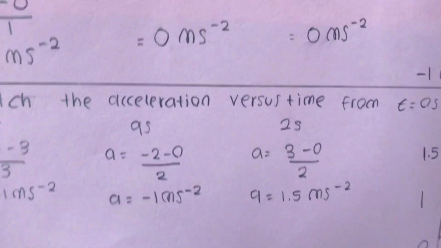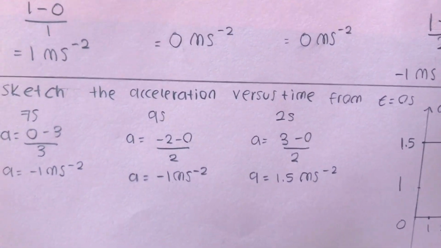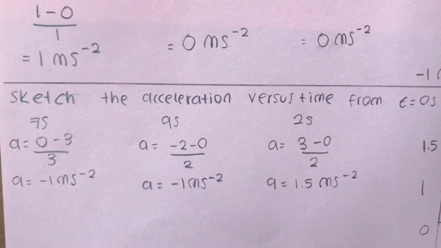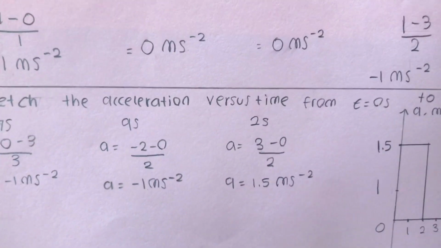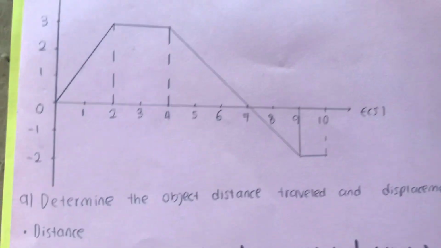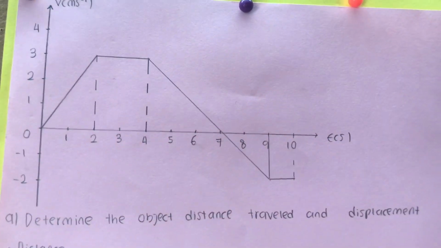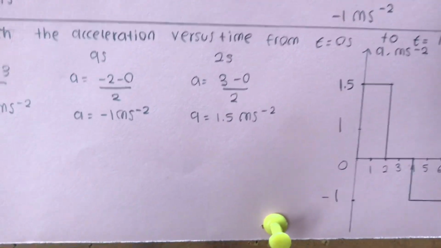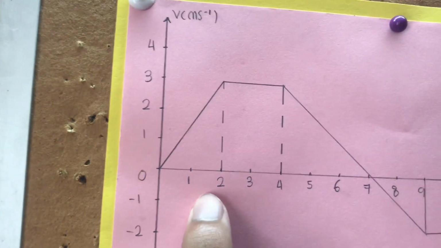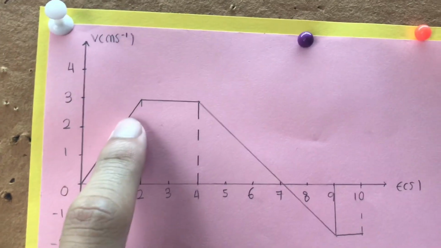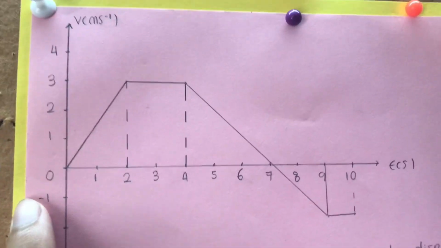For the 9 second, a equal to (-2 minus 0)/2, we get the answer -1 ms to the power of -2. That is the graph for 9 seconds. And for the 2 second, the final velocity is 3 and the initial velocity is 0.